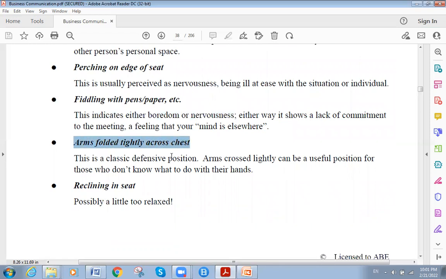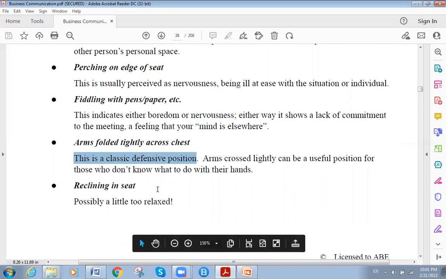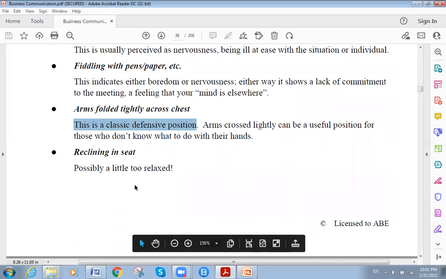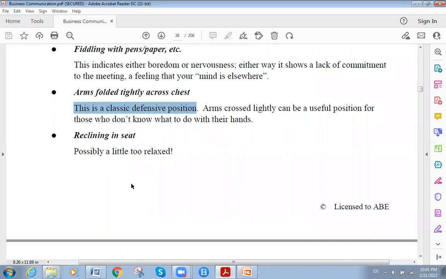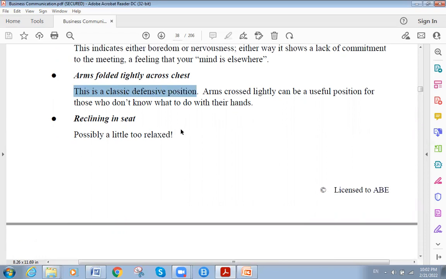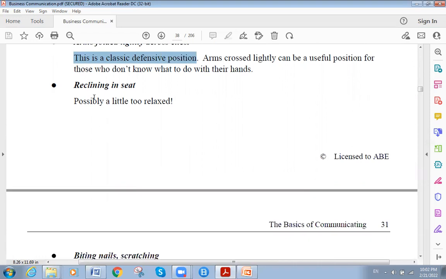Arms folded tightly across the chest is a classic defensive position. You might not like what's going on, a kind of objection, or you don't know what to do. Reclining in seats is very relaxed.